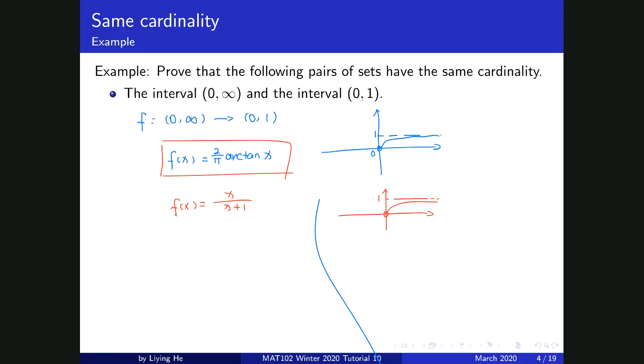But if what you come up with is a much more complicated function, such as this one, then I suggest you prove that it's a bijection. Did I answer your question? Yeah, if it's really obviously a bijection, then you don't have to show. But if it's not, then it will be better that you show it.